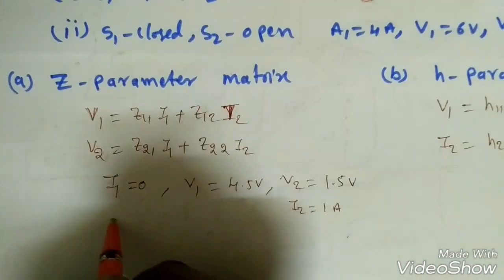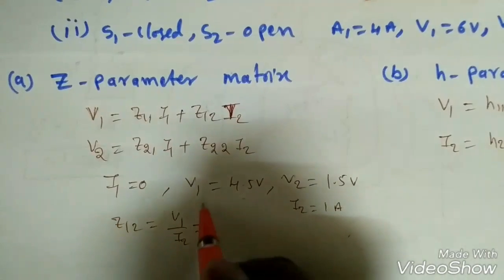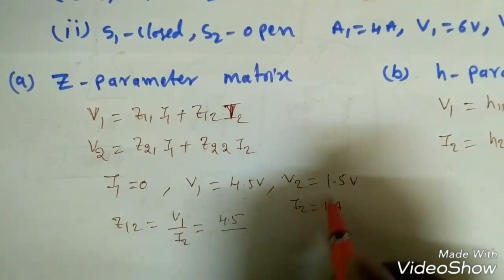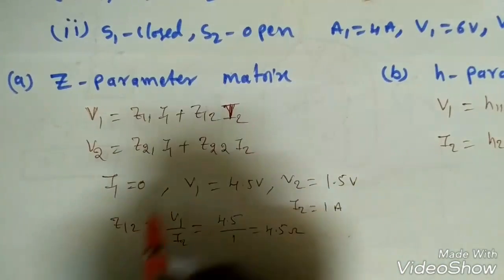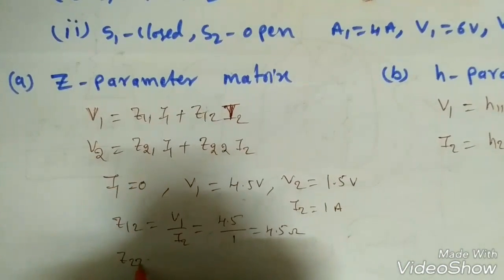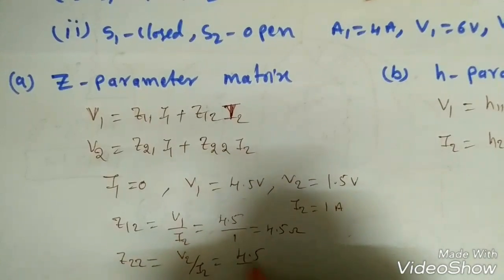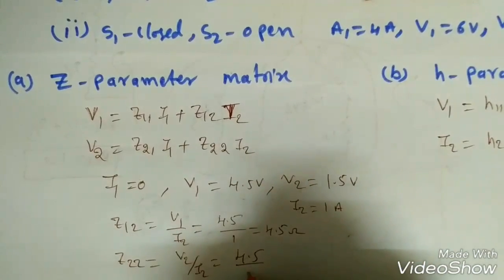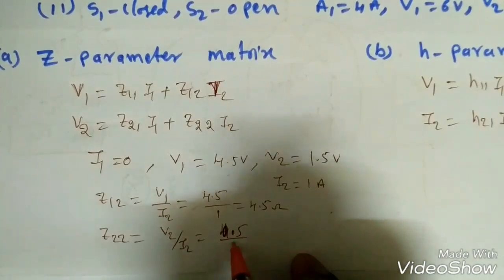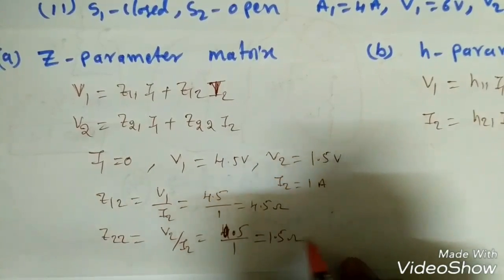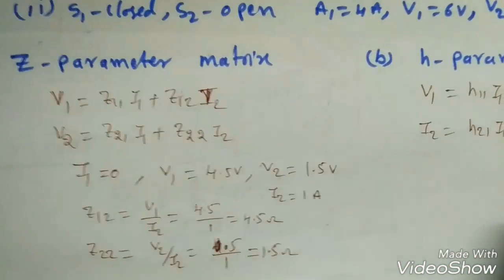Z12 is equal to V1 by I2, so 4.5 by 1, so 4.5 ohms. Similarly, Z22 is equal to V2 by I2, V2 is 1.5 by 1, so 1.5 ohms. This is the first condition.